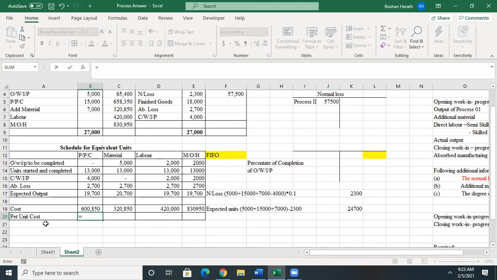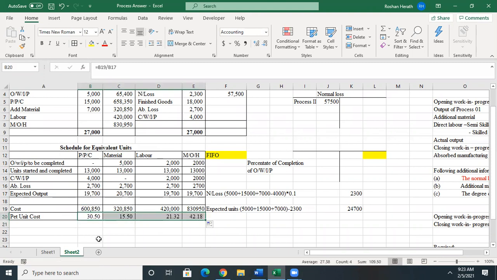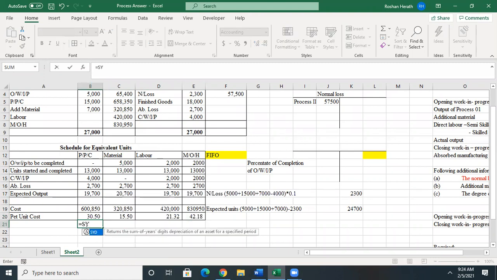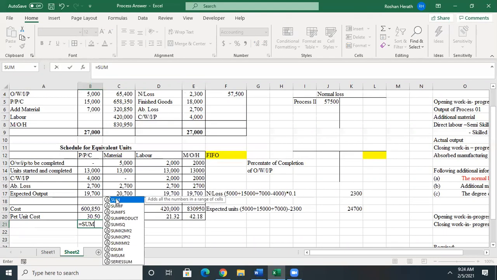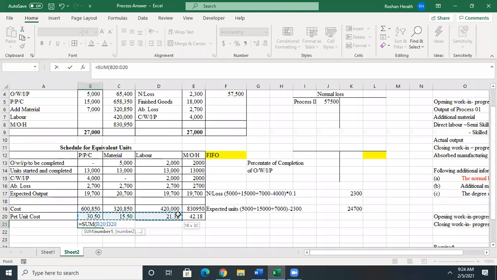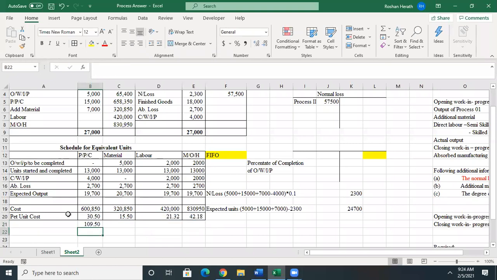So now let's look at the per unit cost. This is it, 30.5, 15.5, 21.32, 42.18. We just take a total value, 109.5.